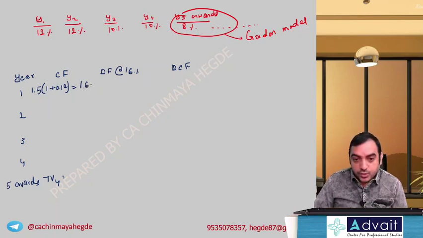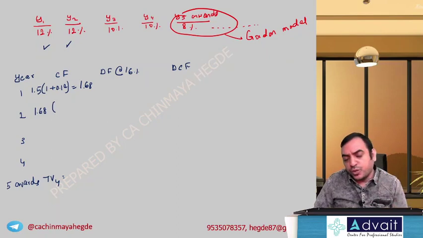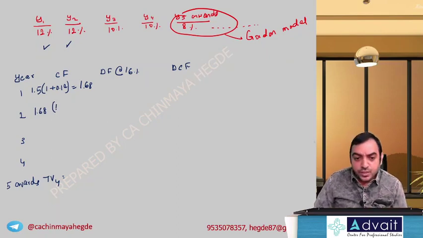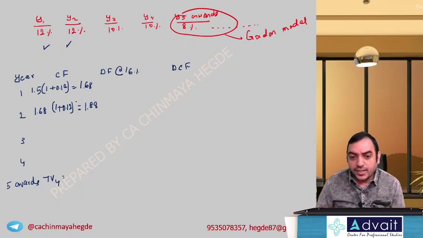Now the second year also 12% only. So 1.68, again 1 plus g, or you can do 1.5 into 1.12 whole square, that's also fine. Second year also the same growth rate, 1 plus 0.12. 1.8816, you can round it off, that is also fine.